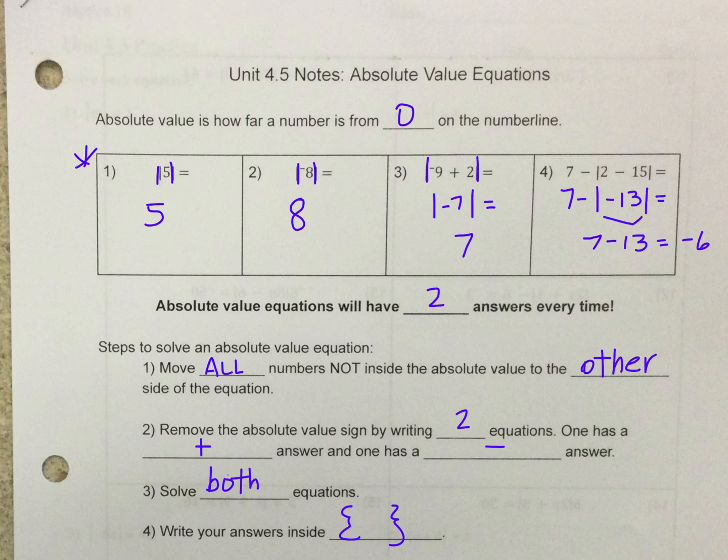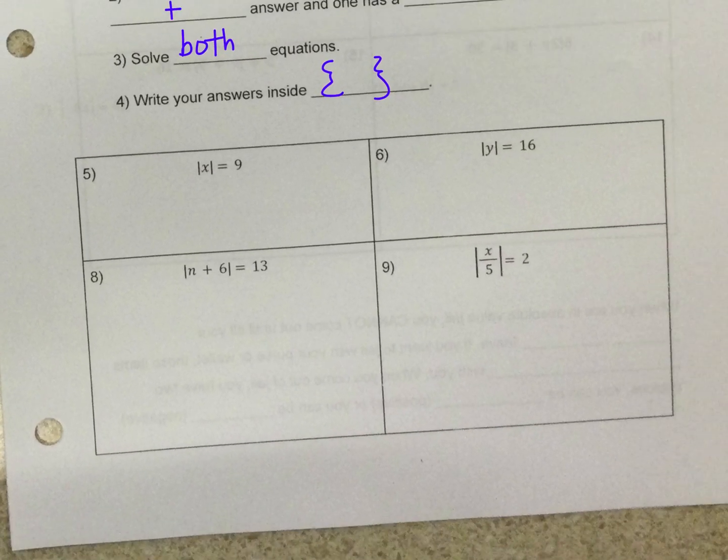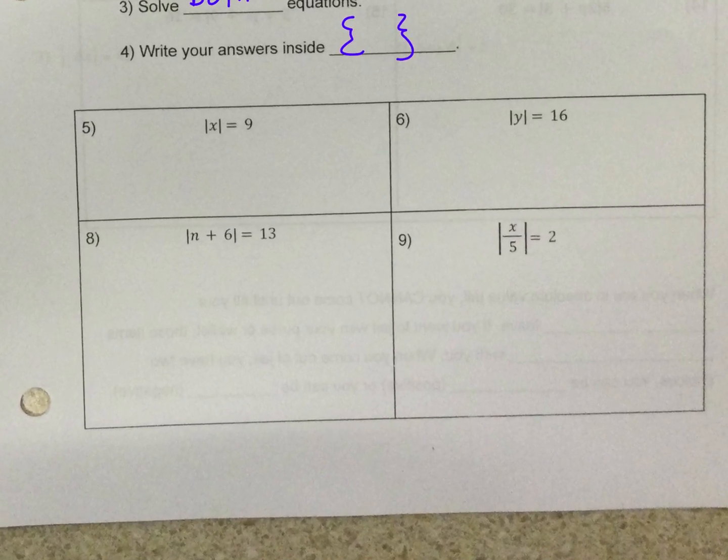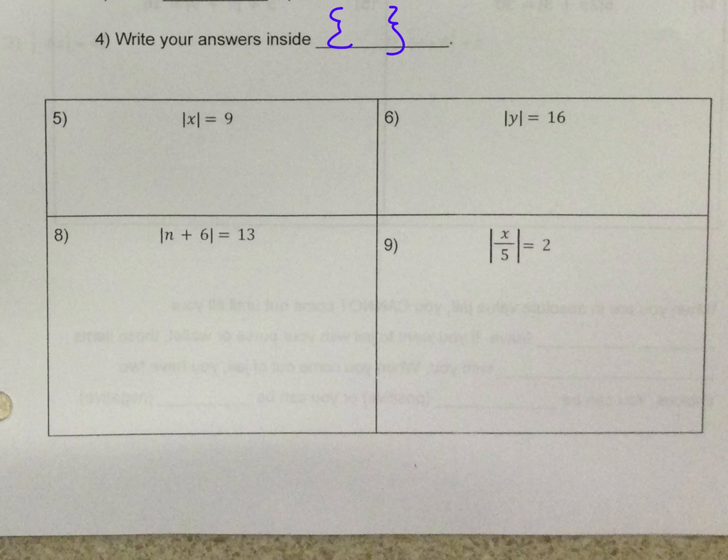So now I'm going to teach you what I mean, and I'm going to tell you a story to help explain it. To me, the absolute value kind of looks like jail. So this little X guy is in jail, and it's time for him to come out.